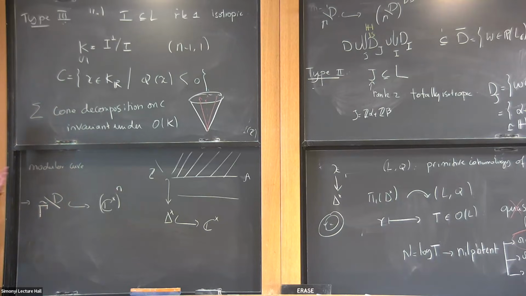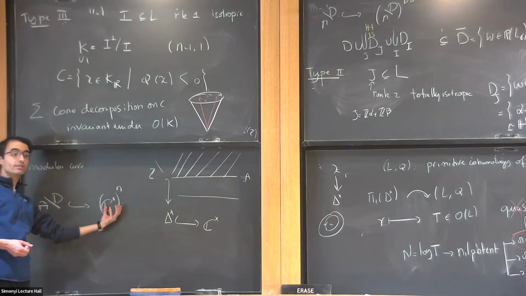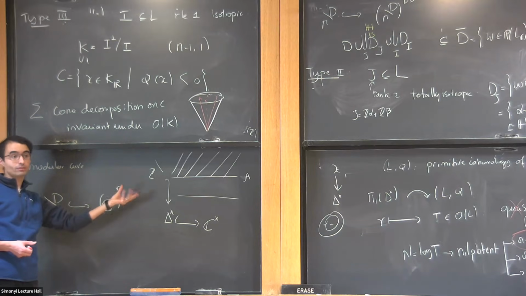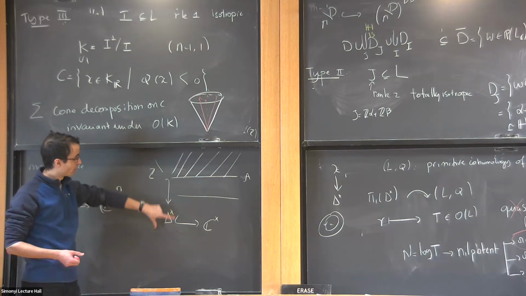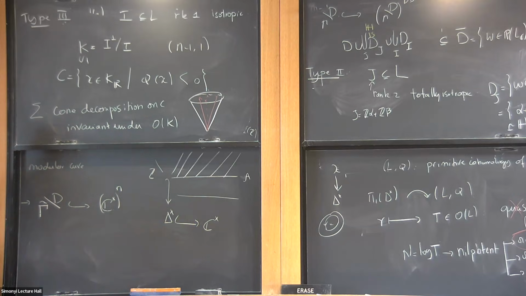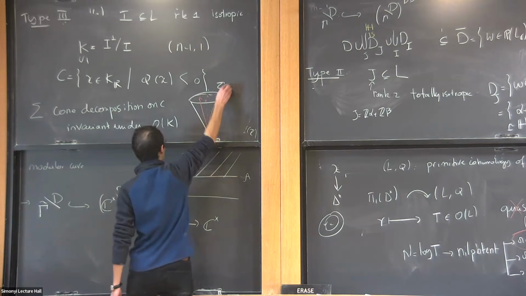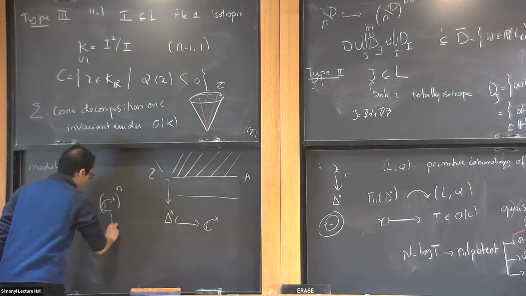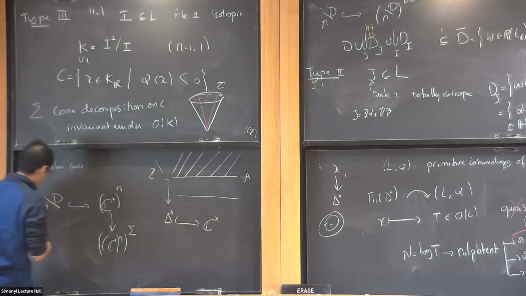And now this cone, in fact, tells you in which direction this D mod Gamma points inside the (C star) to the n. It's the same way you're able to see this delta star inside C star. Okay, and now this choice of the sigma determines a partial compactification of this toric variety. So that's roughly the idea of the construction.